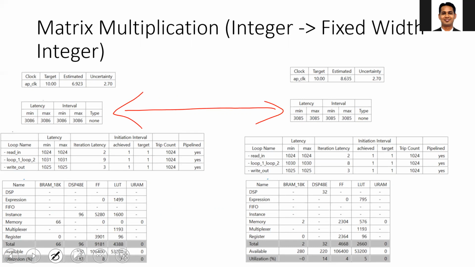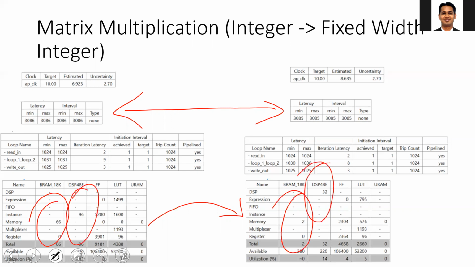But what I would like to highlight is the further savings in resources. When we go from floating point to 32-bit integer, we got a huge saving. And when we go from 32-bit integer to 18 or 22-bit integer, we got a significant saving, not only in the memory but also in the number of DSP units.